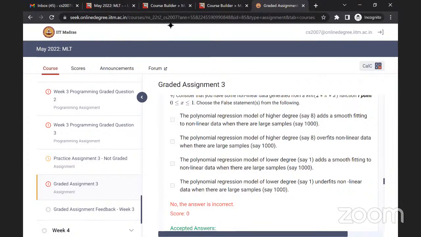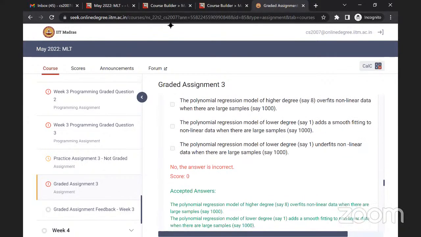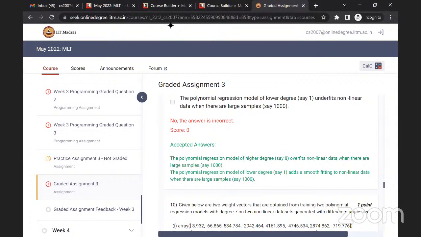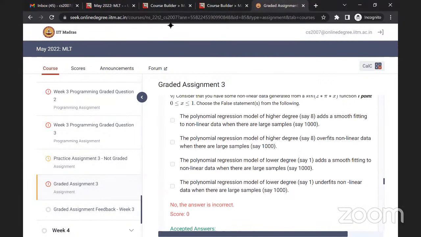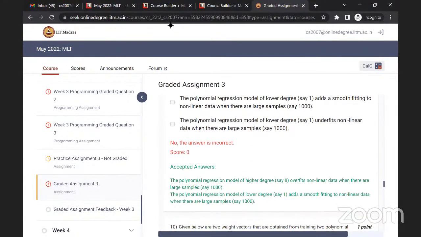So this third one outright looks wrong. Fourth one, the polynomial regression model of lower degree, say 1, underfits nonlinear data when there are large samples of 1000. This also looks wrong. How does that higher-degree overfit option look wrong? I'm not getting it. Okay, so the answer says the polynomial regression model of higher degree 8 overfits.